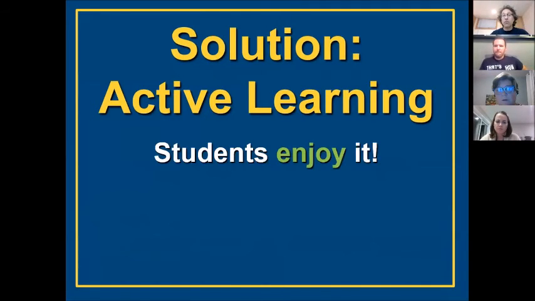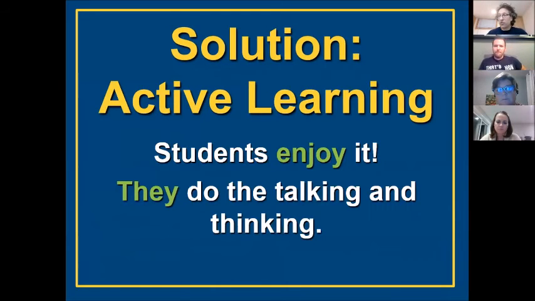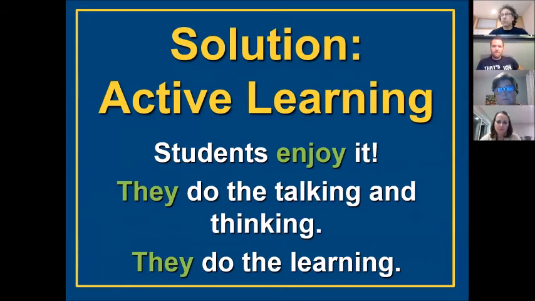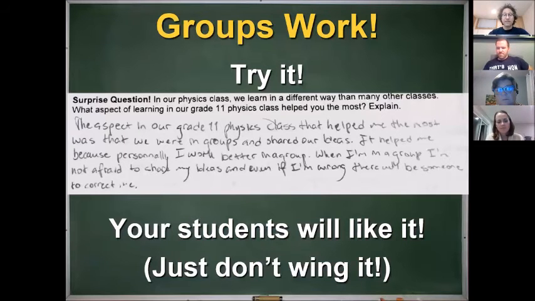The students really enjoy this. It's the students who do the talking, and so they are the ones who do the learning. So for all of these reasons, there's a lot of pieces that go together to create the solution that we've come up with for cooperative group learning.